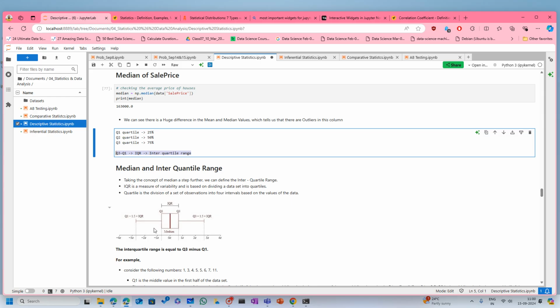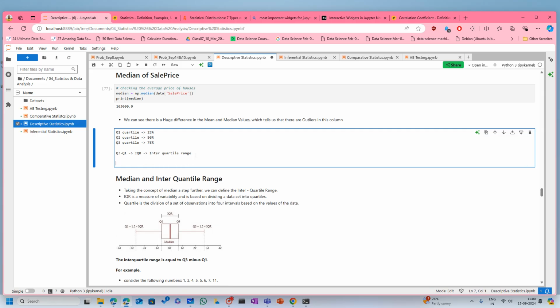It turns out that statisticians have proven a general approach to detect outliers by doing the IQR calculation. For lower bound outliers, this is the formula.